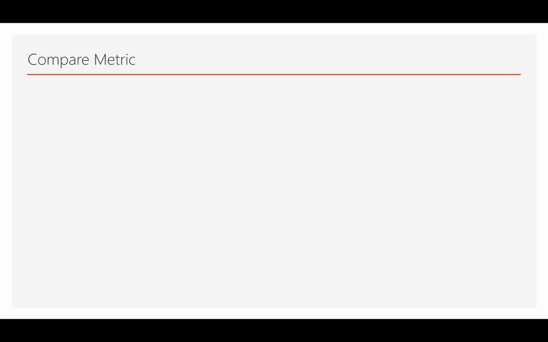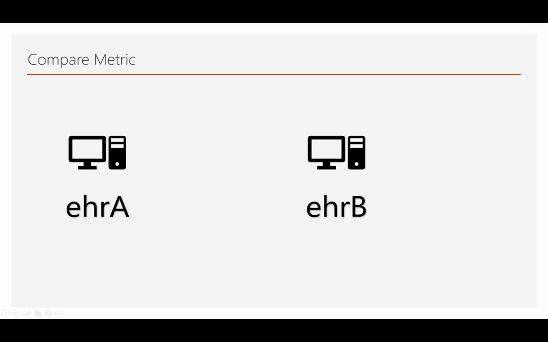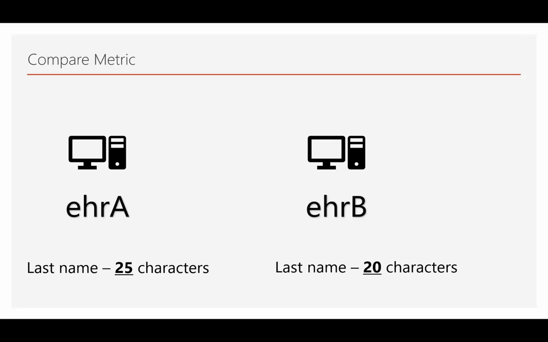I would like to take just a second to discuss why this compare metric is important. Suppose you have 2 EHRs. Let's call them EHR A and EHR B. Let's say that EHR A defines the patient's last name as a 25-character field, but EHR B defines the patient's last name as only a 20-character field.